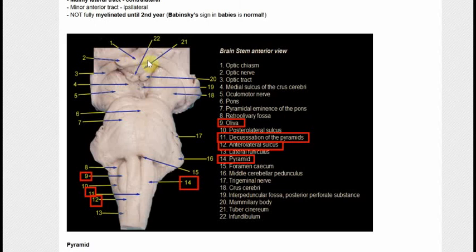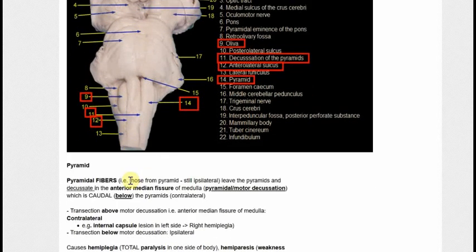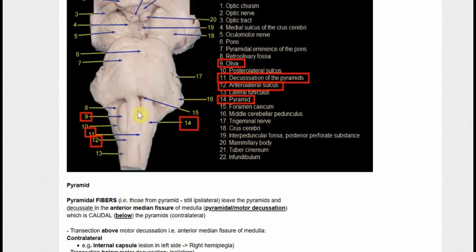So, optic nerve, optic tract, the pons, and the medulla, and specifically the pyramids is where the decussation of the corticospinal tract, the lateral corticospinal tract in particular, occurs.